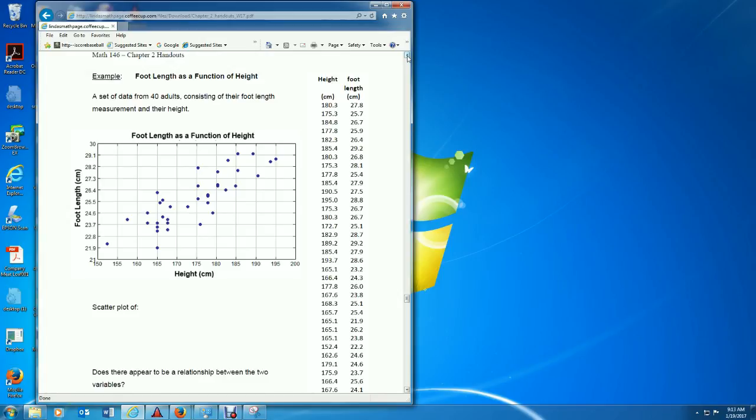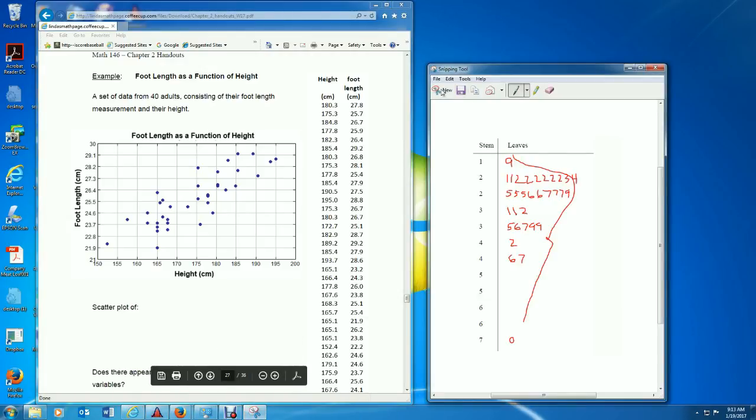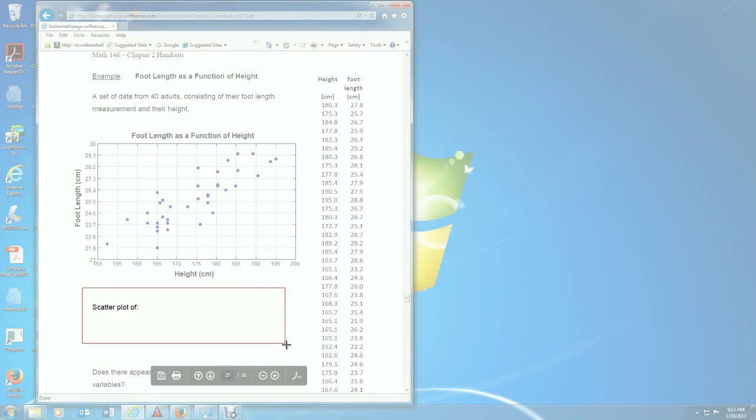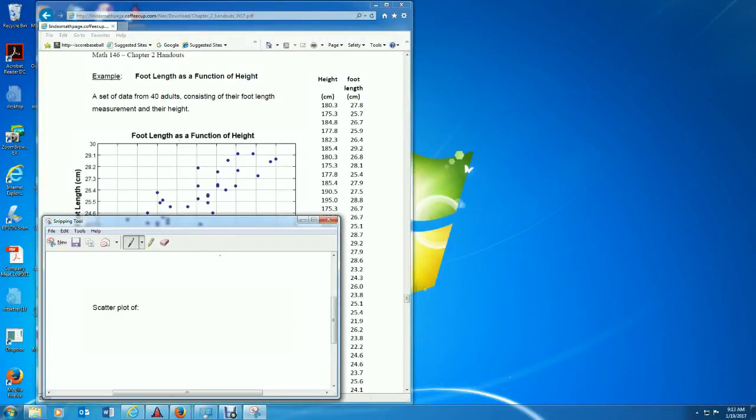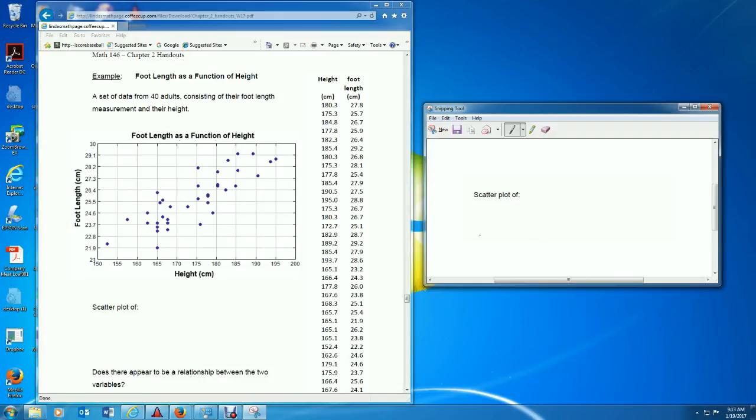So here is an example. This data is from StatDisk 13th edition, data set number 2. So if you wanted, you could go into StatDisk, you would see this exact data, and you could try to plot it. So this in particular is a scatter plot of height, comma, foot length.